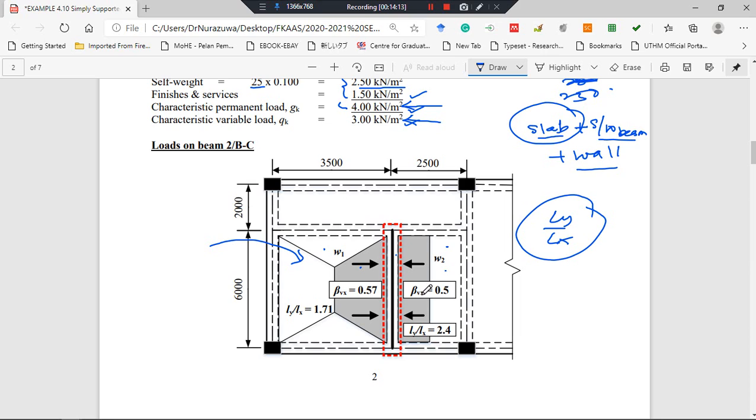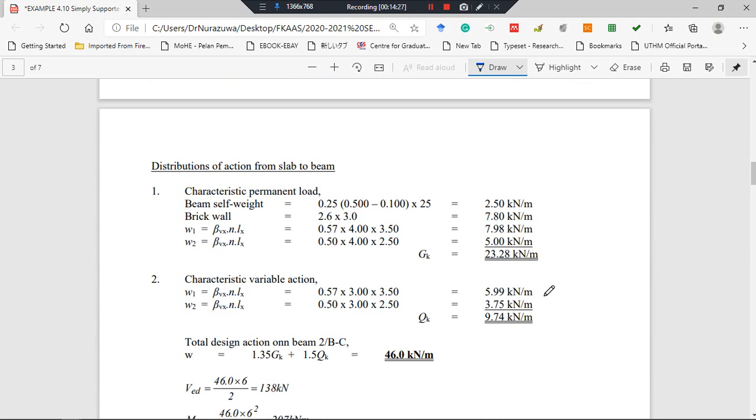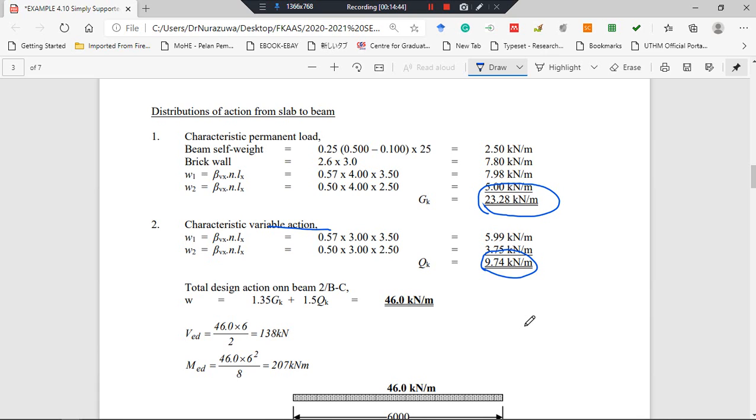According to table 3.15, you distribute this loading based on this ratio. Finally we get the distribution action from slab to beam, characteristic. The GK is 23.28 and the QK is 9.74. Thus the total design action on beam is equal to 1.35 GK plus 1.5 QK, 46 kilonewton per meter.